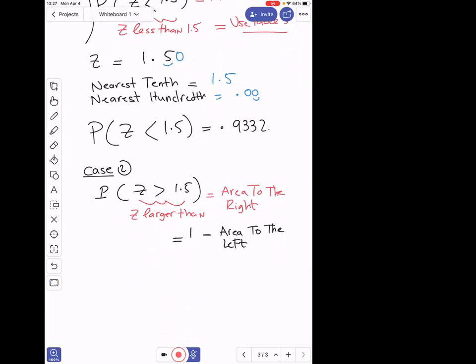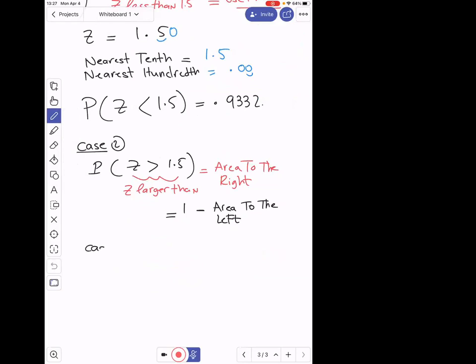And then there's the third case, when Z is between two numbers. Let's say Z between 1.02 and 1.58, just a random example. This is the area between. Of course, the area between two numbers is not given by the table.